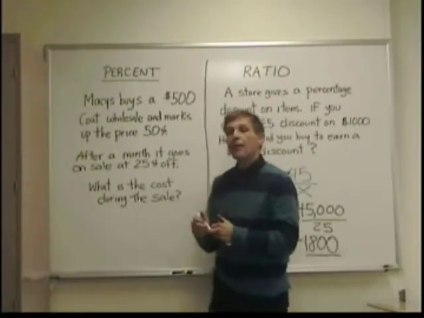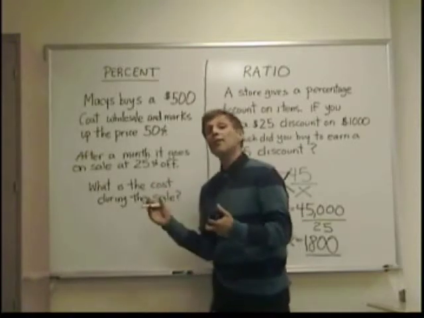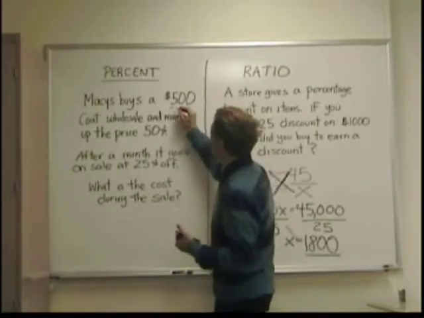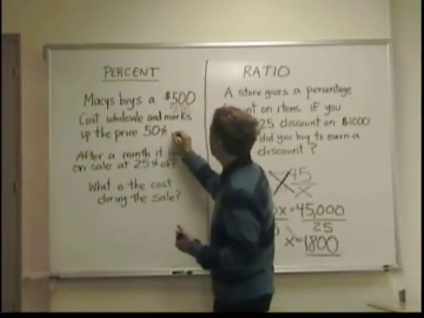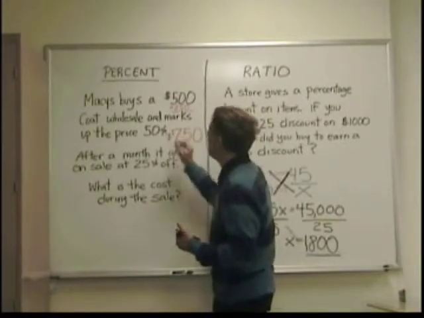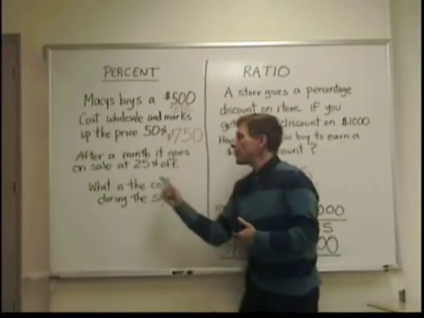And 50% of 500 is 250. So they add the 500 and the 250 markup, and that's the selling price of $750. But read on, the question continues.